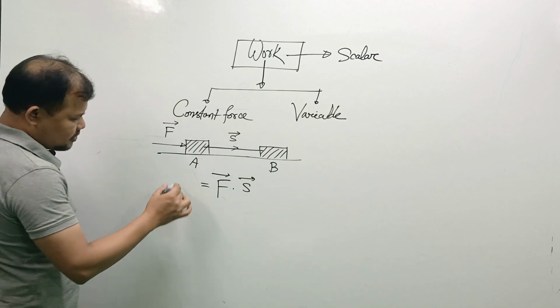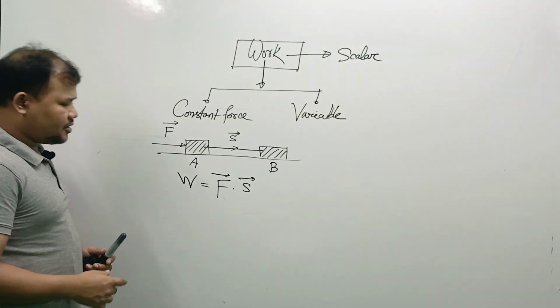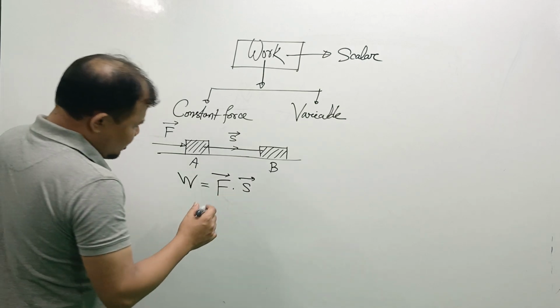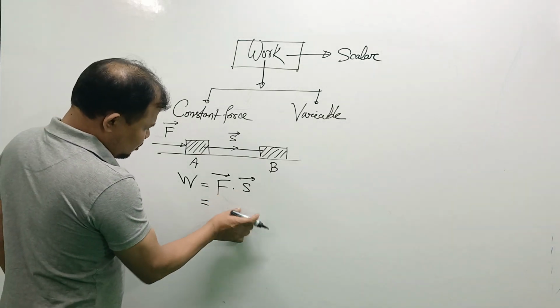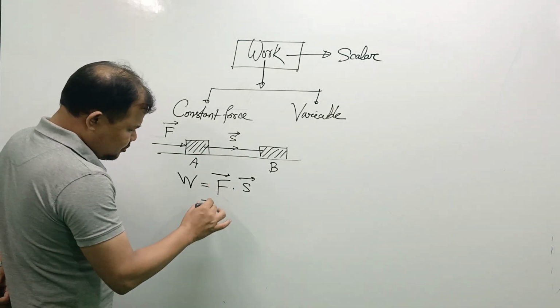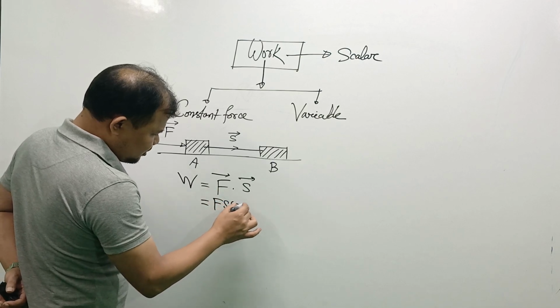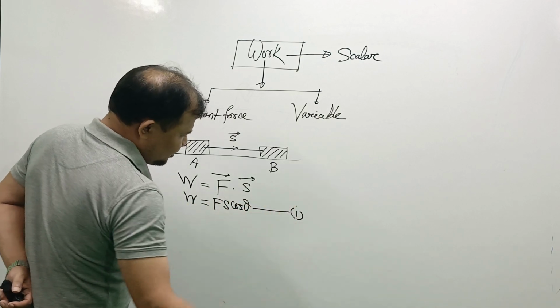Our scalar quantity is work. As work is a scalar quantity, we write this equation. After solving this equation, from the dot product we get the magnitude of F, magnitude of S and cos theta. This is the equation for measuring work.